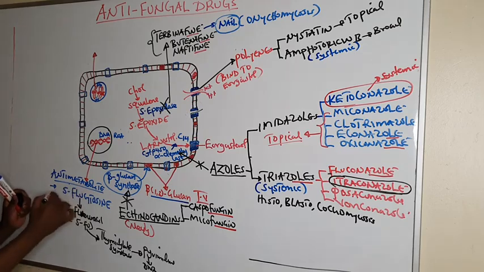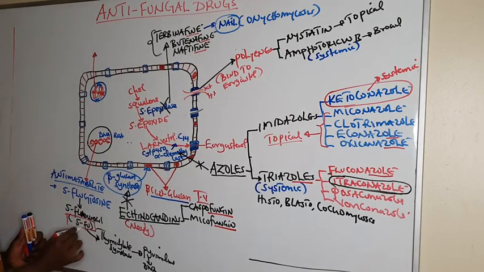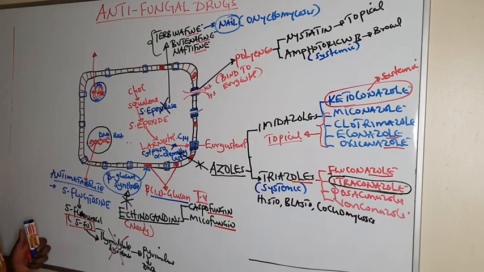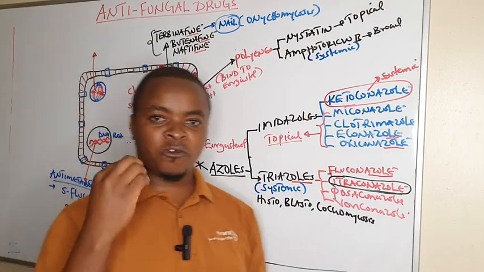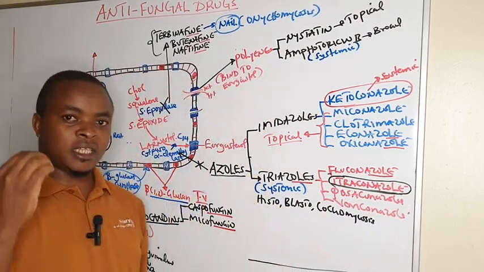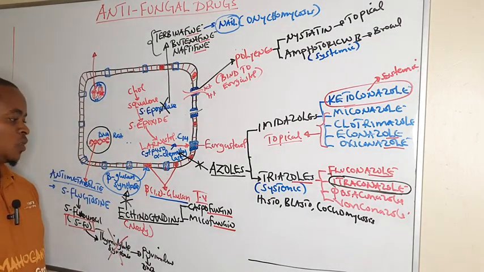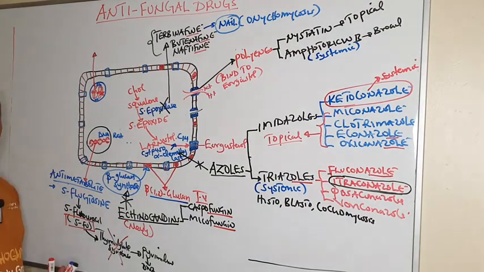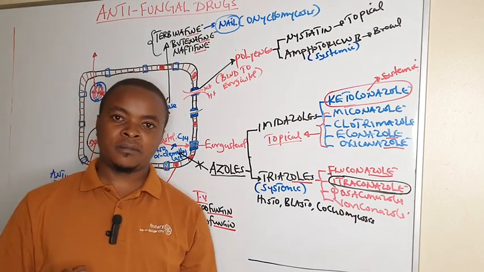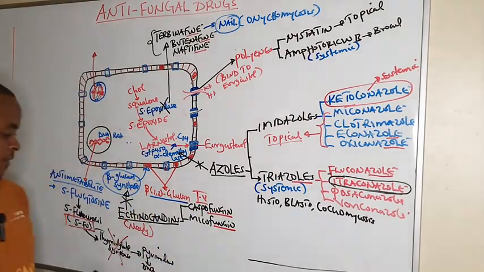That's why we are calling it an antimetabolite, and its mechanism of action is to form the active metabolite 5-FU, which inhibits thymidylate synthase, hence leading to failure to form the pyrimidines that participate in the formation of DNA and RNA. So, meaning this drug is not fungicidal, it is fungistatic by preventing cell division of the fungus.